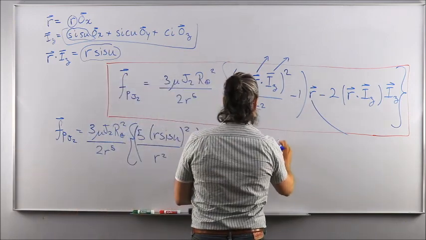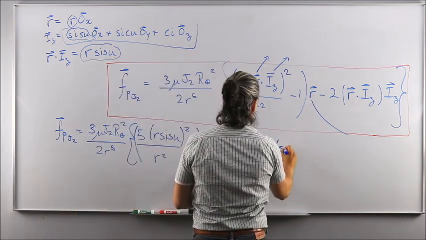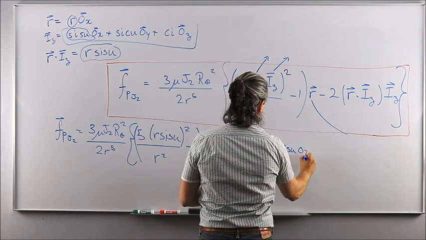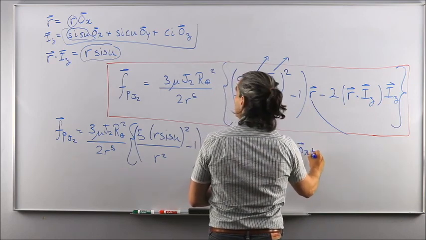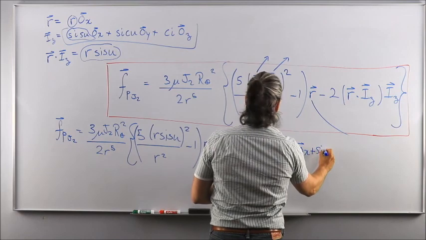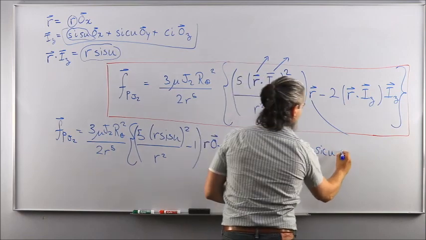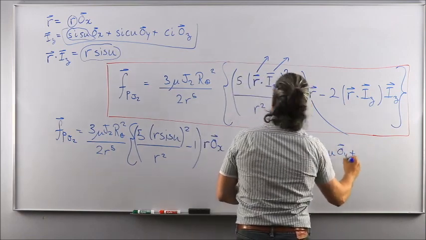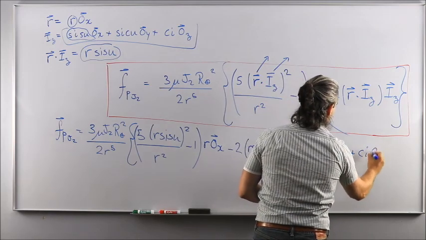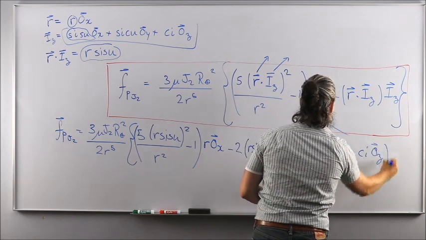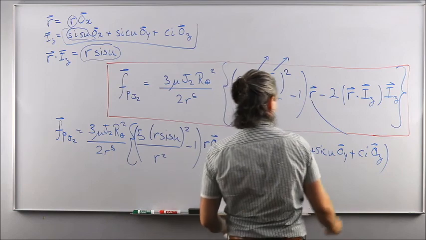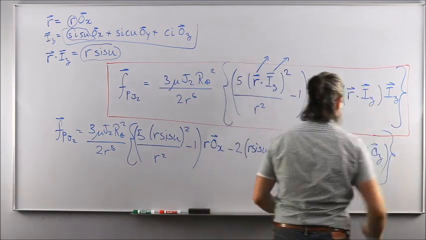So I have to take all those into account. So sine I sine U along OX plus sine I cos U along OY plus cos I times OZ, like this. And close the big curly bracket here.